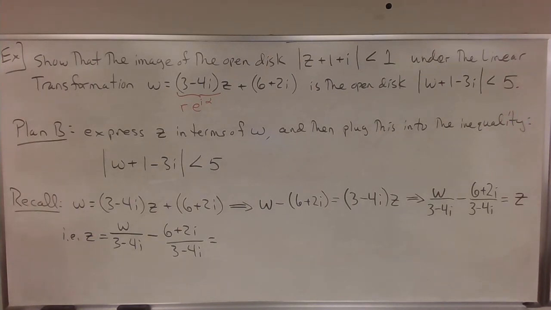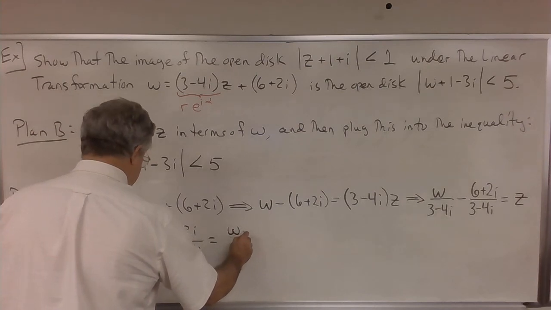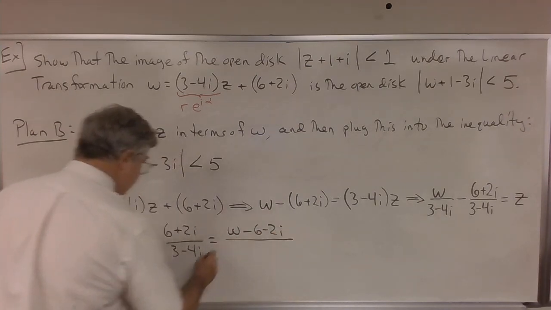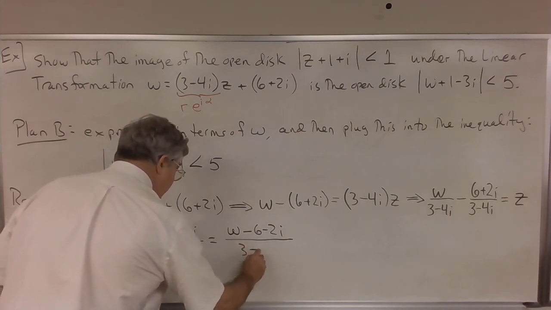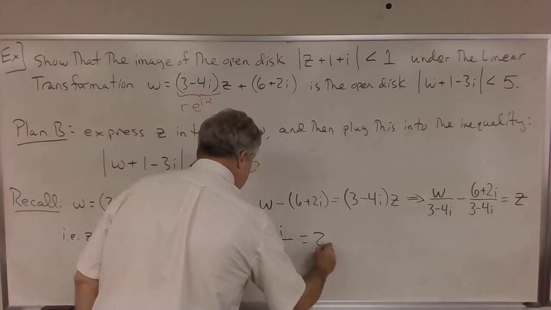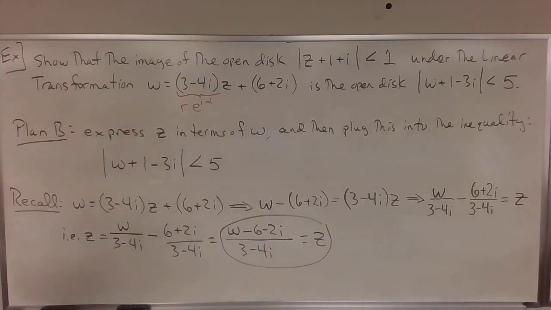Oh, we got a common denominator, duh. w minus 6 minus 2i over 3 minus 4i. Okay, that's z.